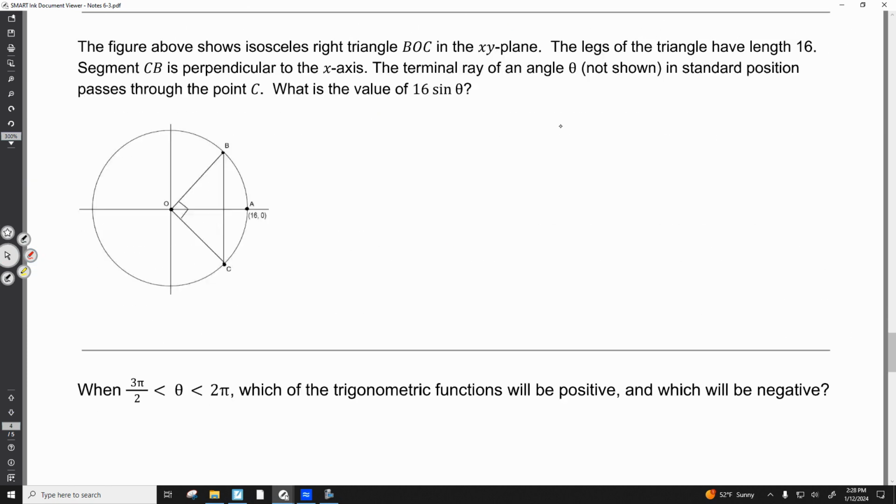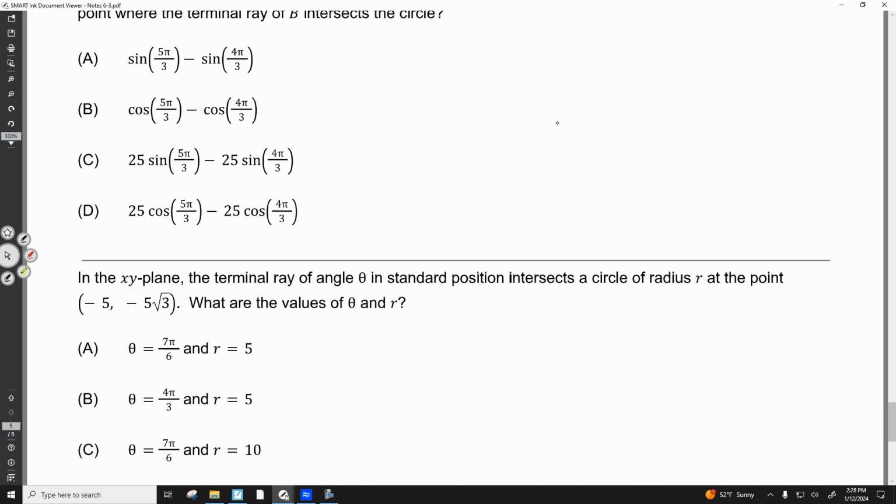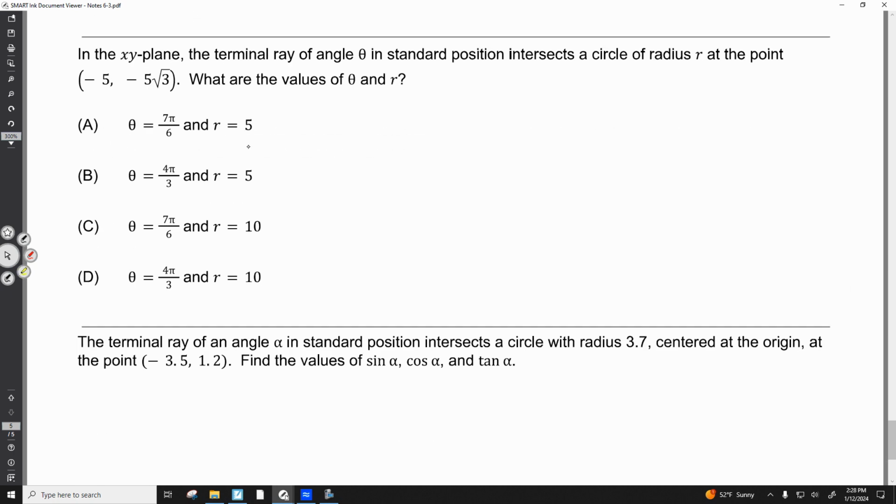What if we go backwards? Keep it where it is. We got coordinates.